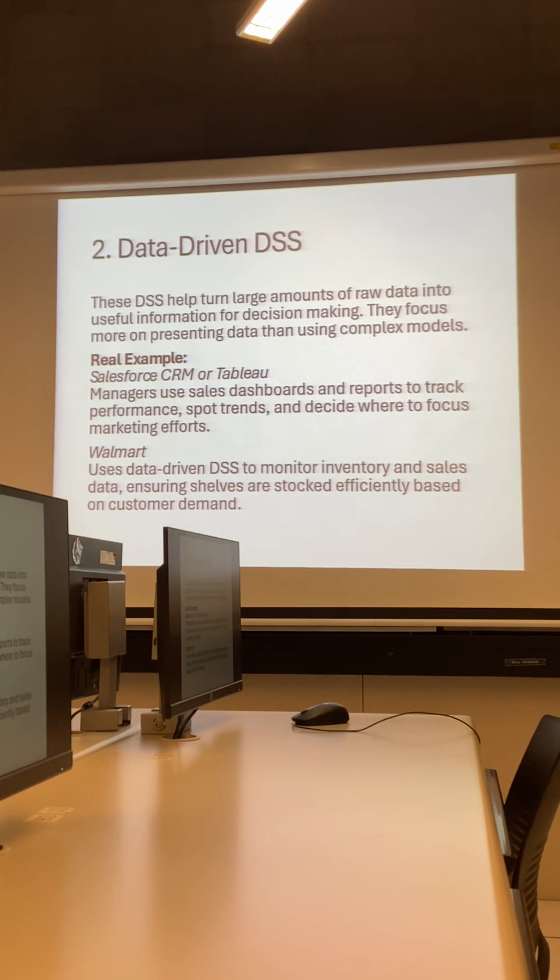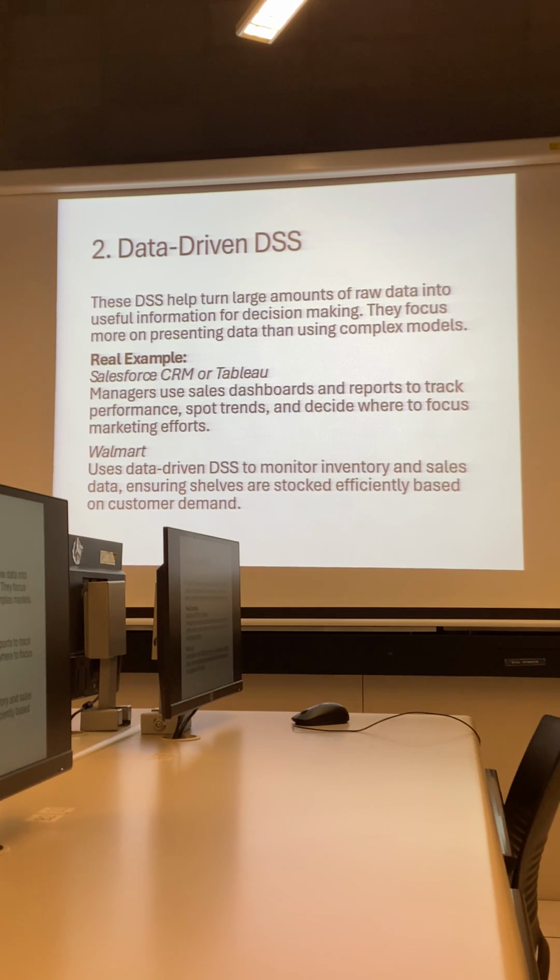Type number 2 is data-driven DSS. This DSS helps turn large amounts of raw data into useful information for decision making. They focus more on presenting data than using complex models. For example, Salesforce or W. We will learn W after the midterm. So a manager uses dashboards and reports to track performance, spot trends, and decide where to focus marketing effort.